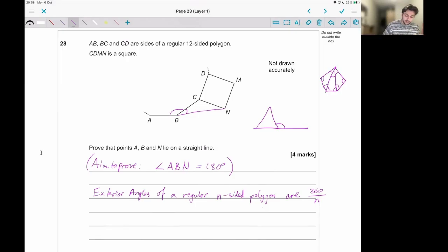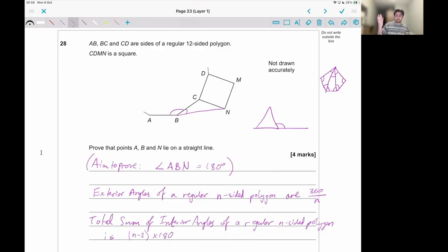And the general rule for this is that the total sum of interior angles of a regular n-sided polygon is n-2 times 180.